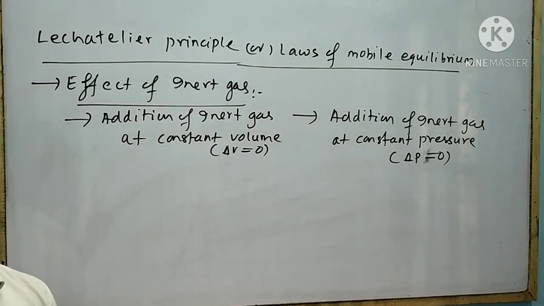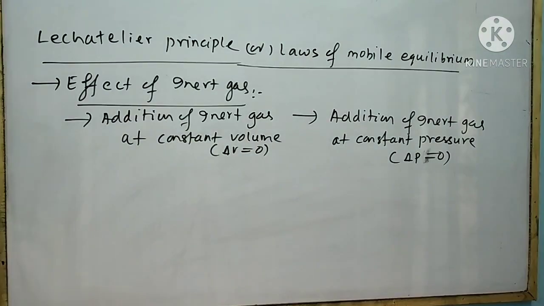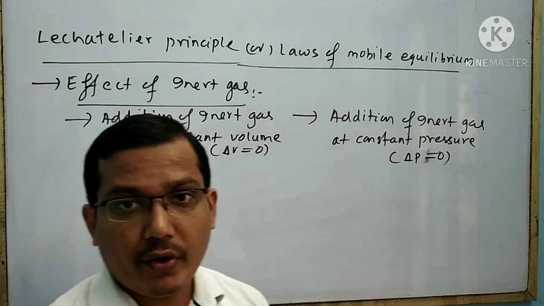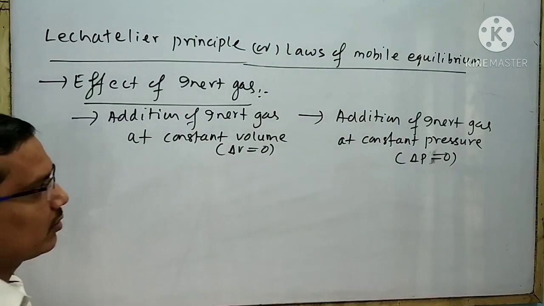But remember, the concentration of the reactant and product will not change. Hence, under these conditions, there will be no effect on equilibrium. That means addition of inert gas at constant volume has no effect on the direction of equilibrium.